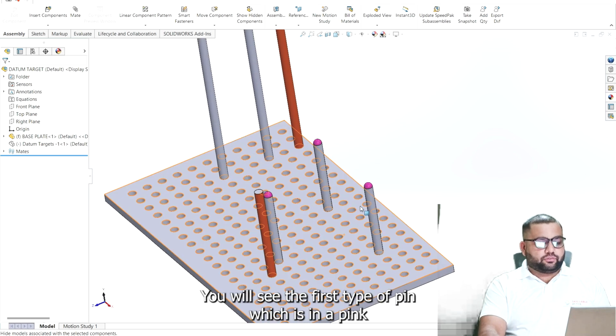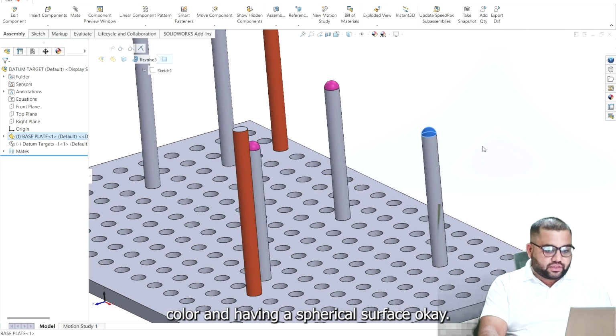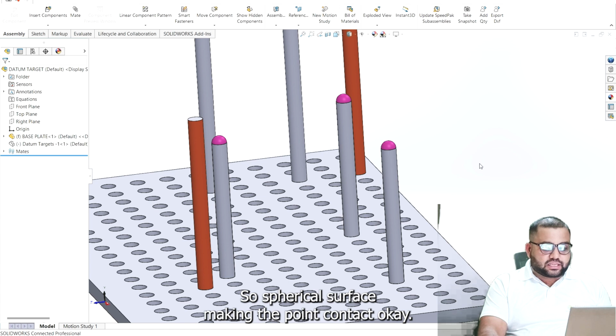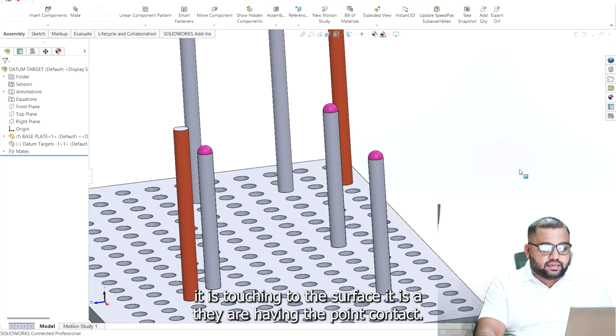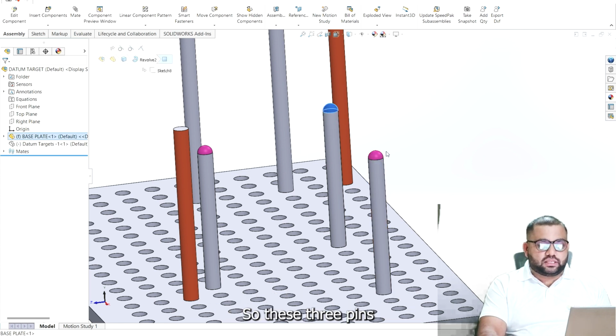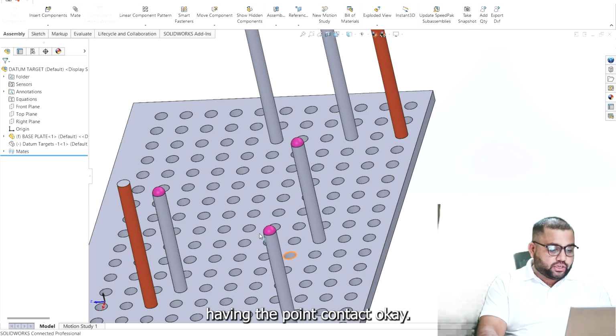The first type of pin, which is pink in color and has a spherical surface, makes the point contact. Whenever it touches the surface, it has point contact. So these three pins have the point contact.